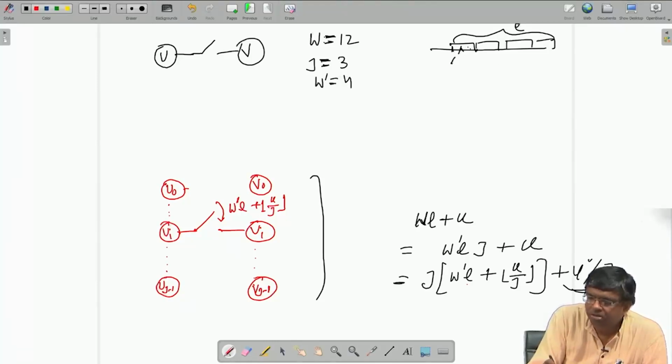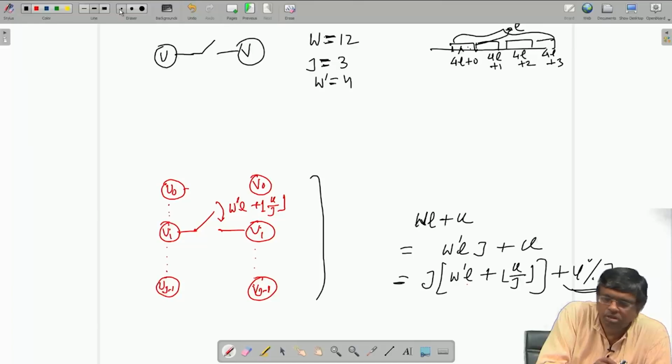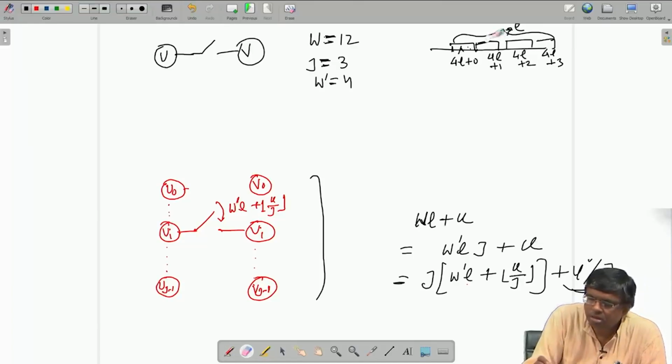So 4L plus 0, 4L plus 1, 4L plus 2, 4L plus 3. In 4L plus 0, 3 bits of the Lth word will be parallel. In 4L plus 1, the next 3 bits will be parallel, and so on. So 4L plus 0 is the first digit of the Lth word, 4L plus 1 the next digit cycle, then 4L plus 2 the next digit cycle, and so on.